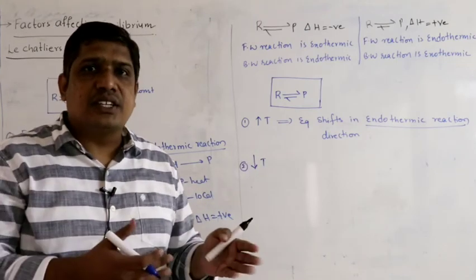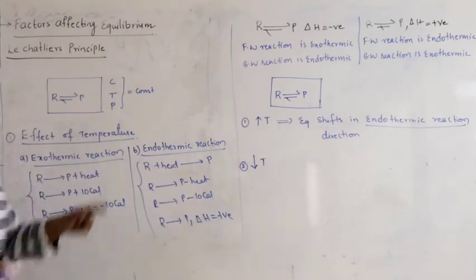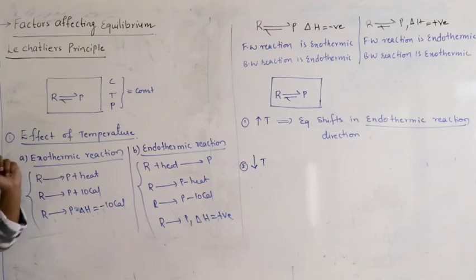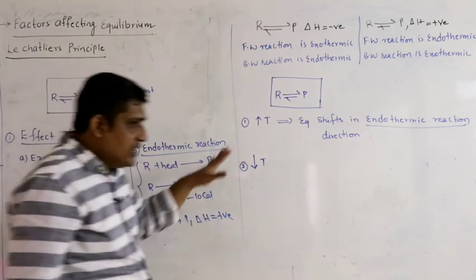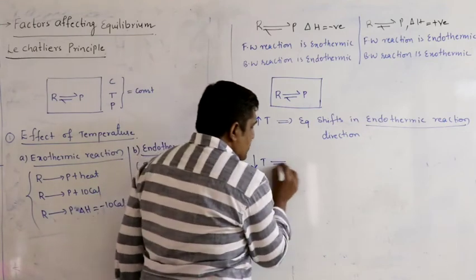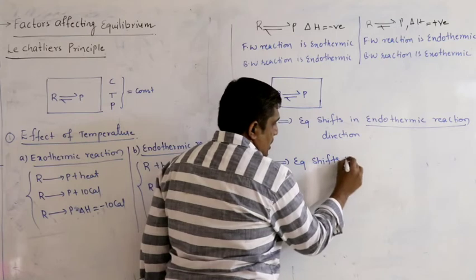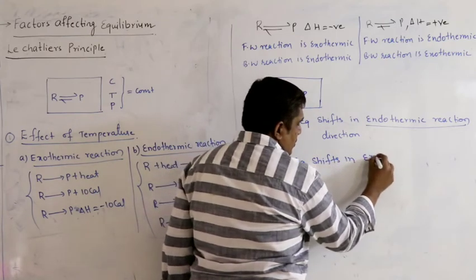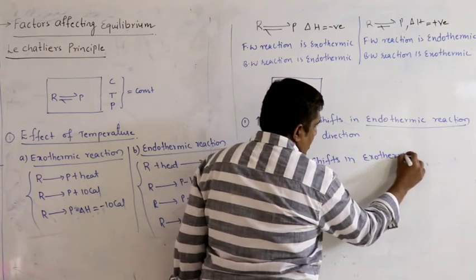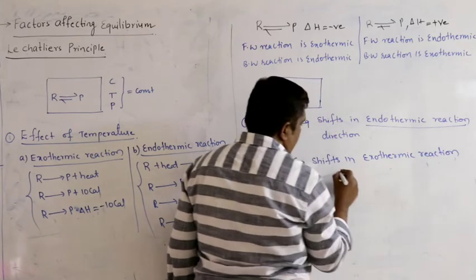It will move in a direction which releases heat. Which reaction releases heat? Is it endothermic or exothermic? The answer is exothermic. That means if I decrease the temperature, equilibrium shifts in exothermic reaction direction.